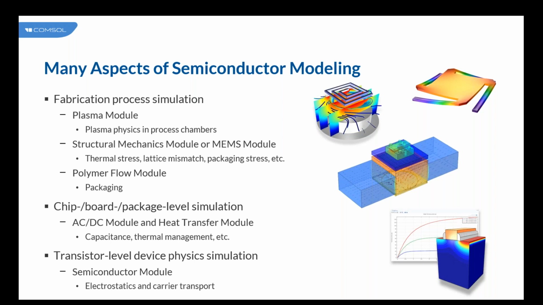You can obtain capacitance properties and also couple with heat transfer to simulate the thermal effect and design the thermal management. In this workshop, we're going to focus on the Semiconductor Module.